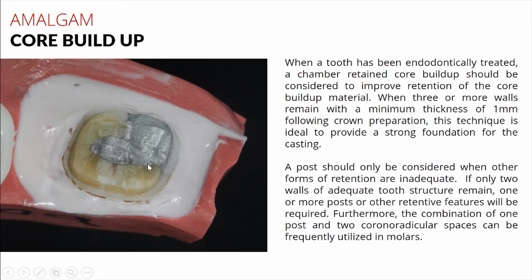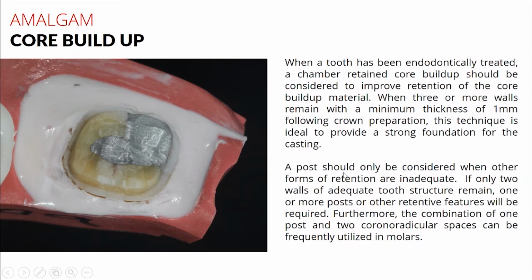So this amalgam is pretty securely embedded within the tooth structure. There's not really a way in which this amalgam buildup can be easily dislodged from the tooth. Really the only way to get this out is if you start to cut it into multiple pieces so that the individual pieces now have a path of dislodgement, or path of withdrawal.